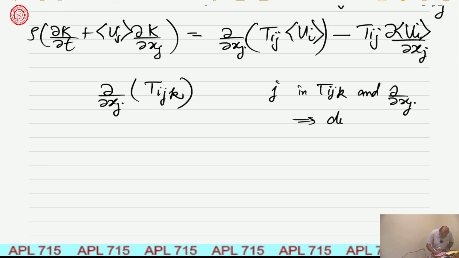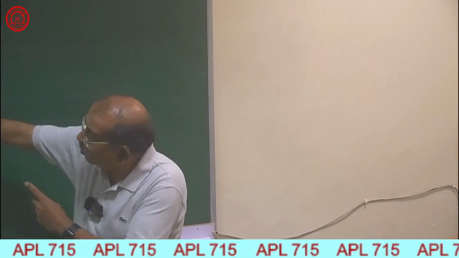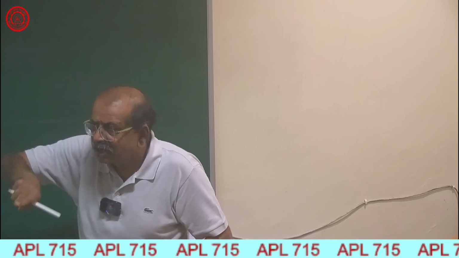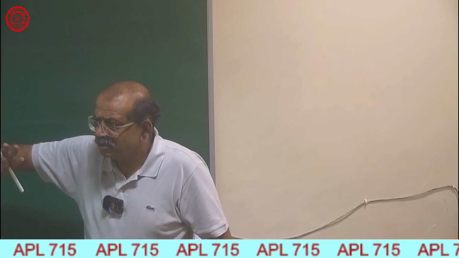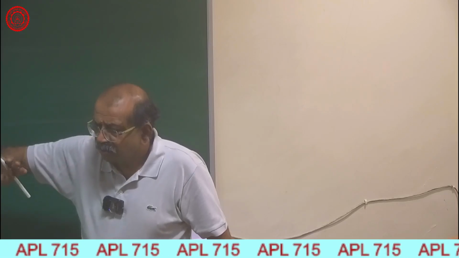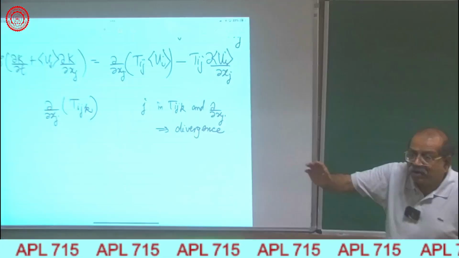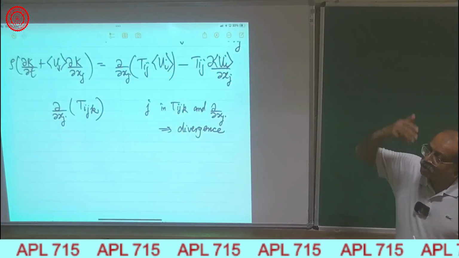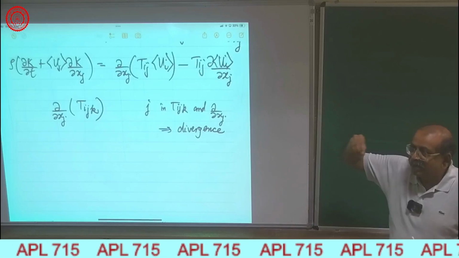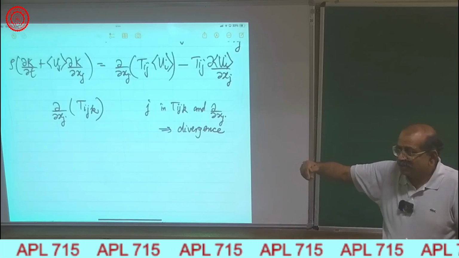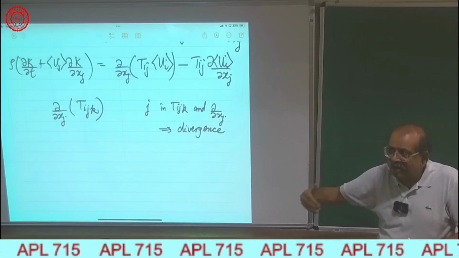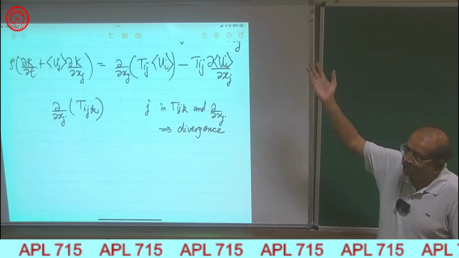This implies it's a del dot. D by dxj is del. And when there is a common index with ijk, that represents a dot product. Because by itself, del of a vector is a second order tensor. If I take dui by dxj, ui is a vector. When I take a d by dxj, it becomes a second order tensor.